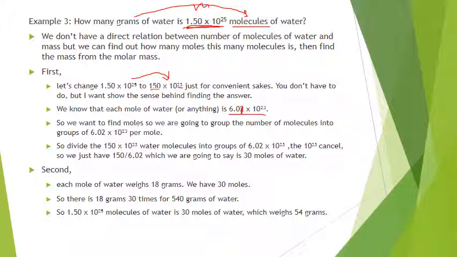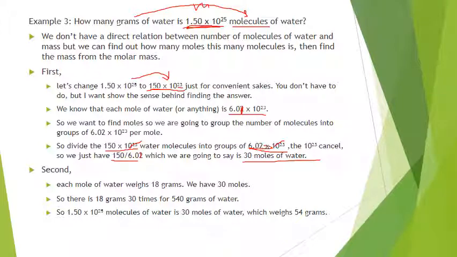So what I'm going to do is divide 150 times 10 to the 23rd into groups of 6 times 10 to the 23rd. This is my grouping size. And these guys cancel out, and I'm essentially dividing 150 by 6, which is 30 moles.